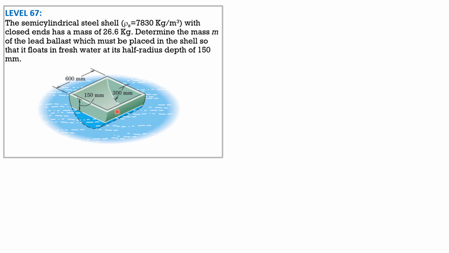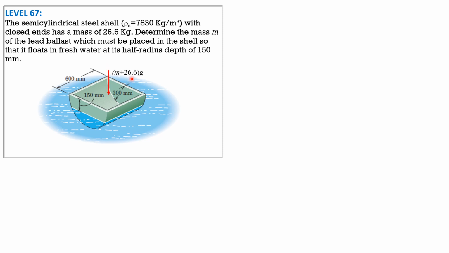Since the semi-cylindrical steel shell is floating, we have weight, which is quantity mass of lead ballast plus mass of the semi-cylindrical steel shell, times g, equals buoyant force, which is density of water 1000 kg per cubic meter times g times volume displaced.